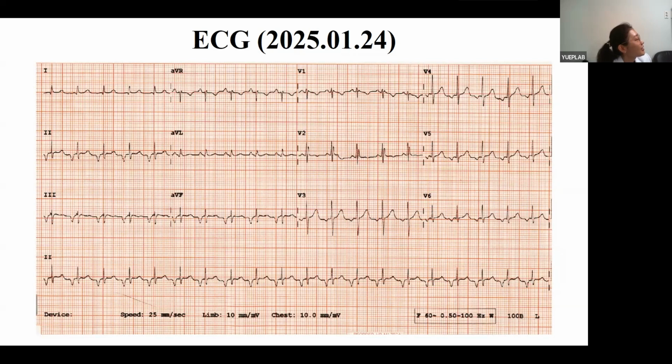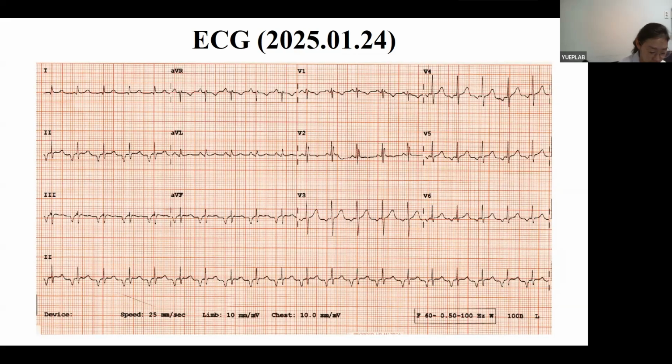Could you please localize the origin site? When we see the P wave morphology, lead 1 and aVL are positive, so it is coming from the right. Leads 2, 3 and aVF are negative, so it is the lower part.